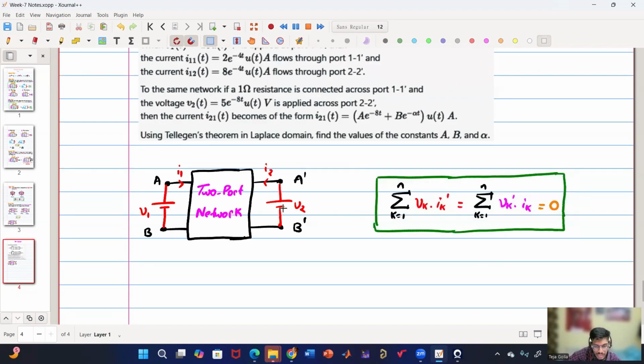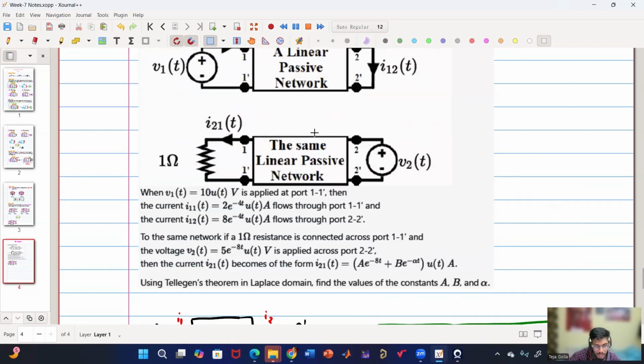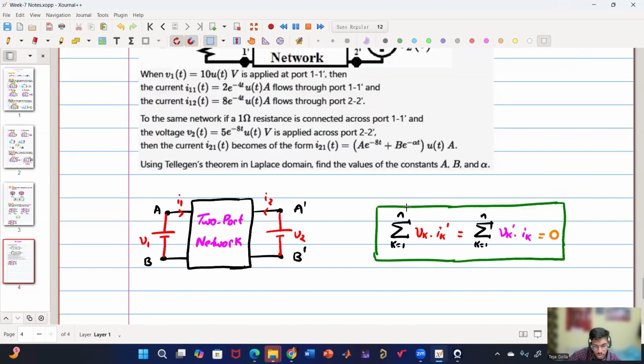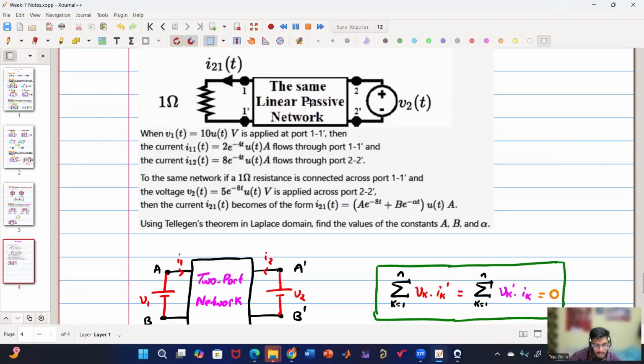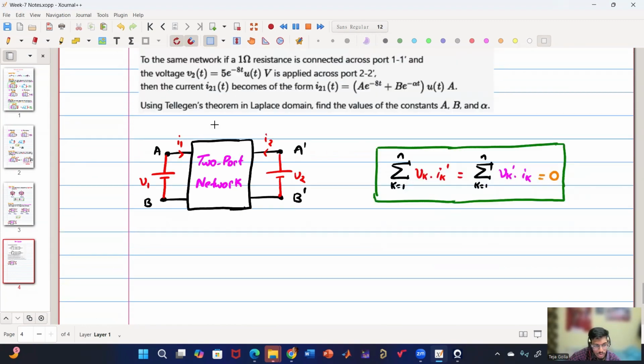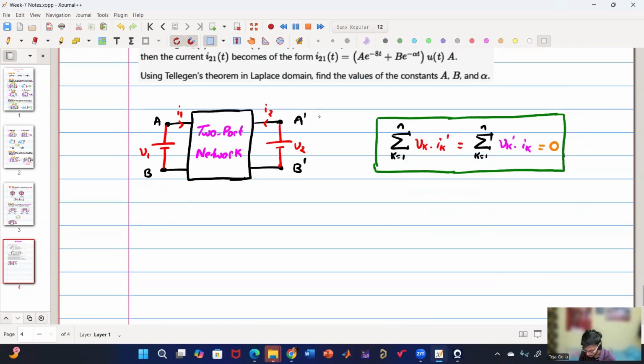So let us start from here. The first network we are calling without dash, and the second network we are calling with dash. First they have said to use the Laplace domain, so let us convert it into the Laplace domain.